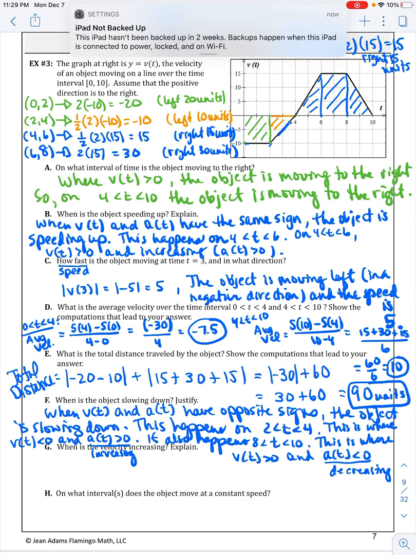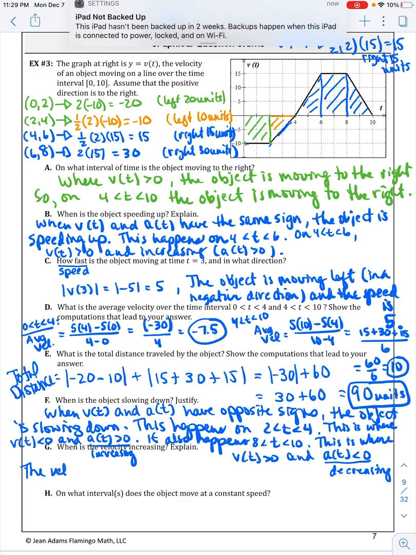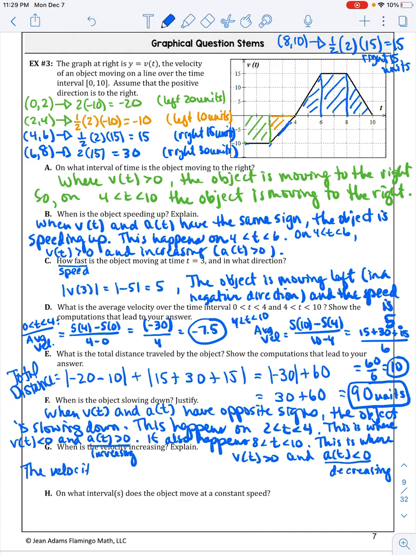When is the velocity increasing? So the velocity is increasing when a of t is greater than 0.